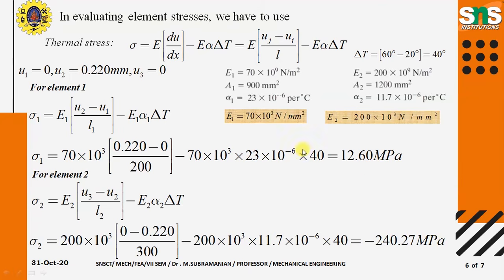The positive and negative signs indicate tensile stress and compressive stress. I will show you a demonstration on the calculator of how to calculate the element stress. Watch carefully.